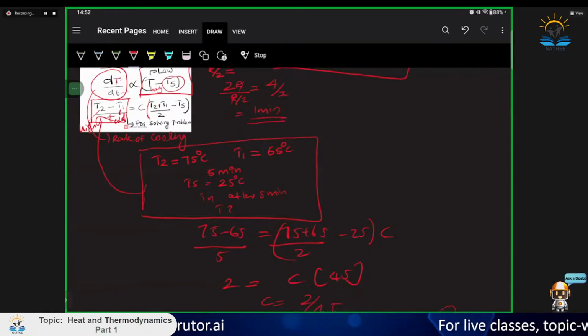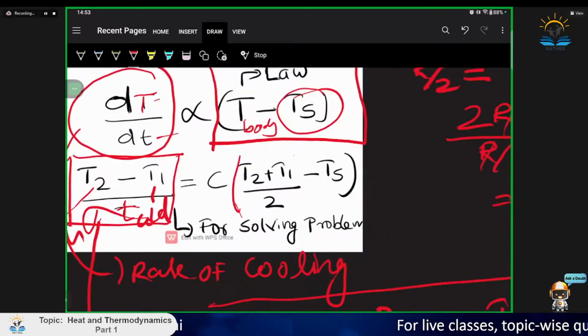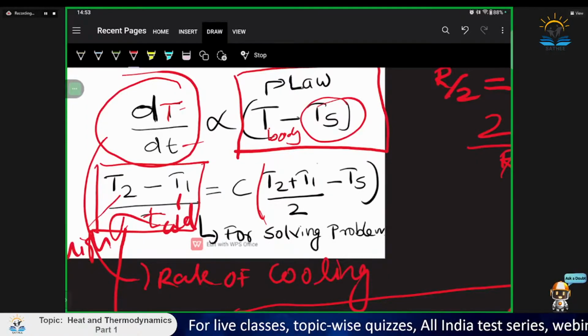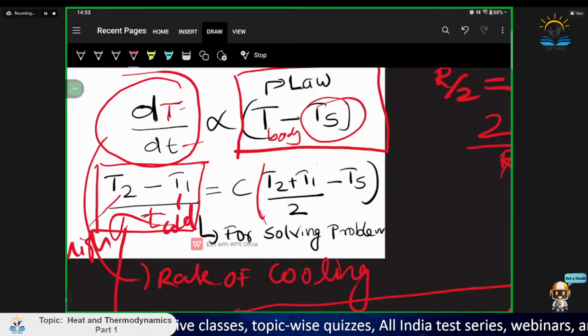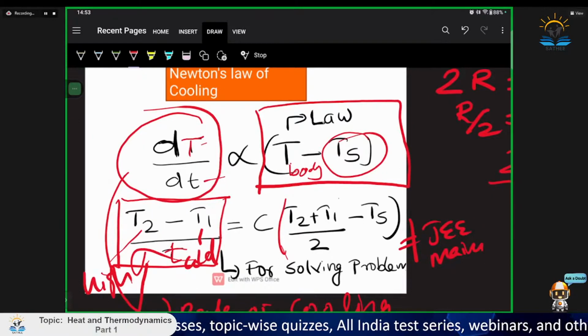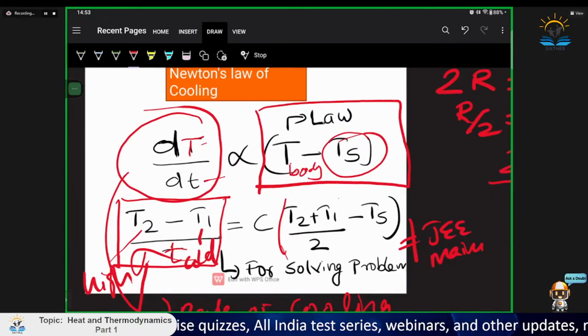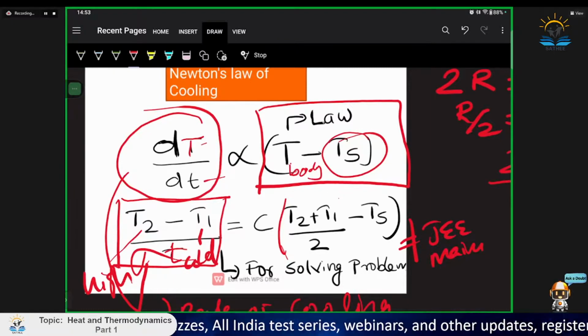So once more revise everything. So we started our topics of thermodynamics. Thermodynamics is conversion of heat into different forms, and we start the topic with heat and temperature by a form of energy.